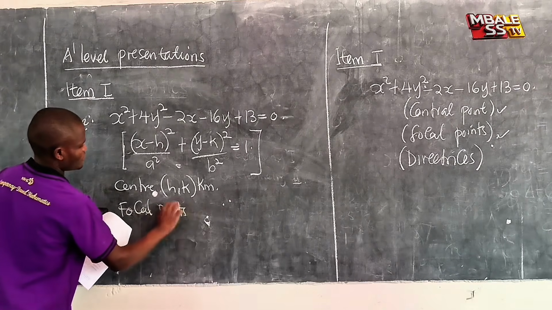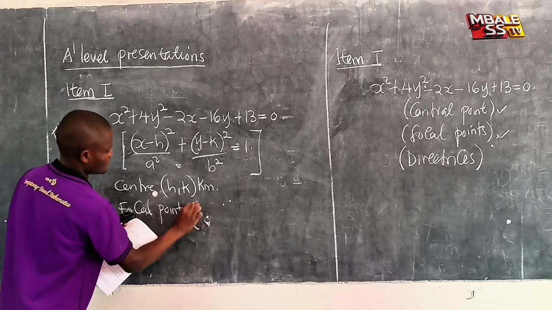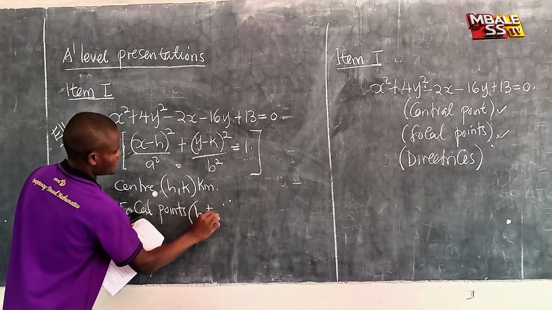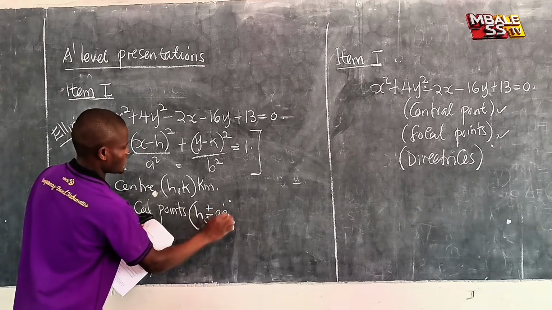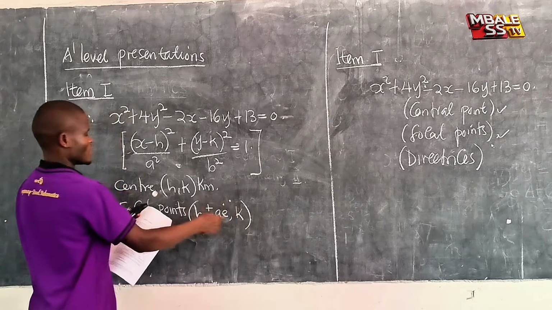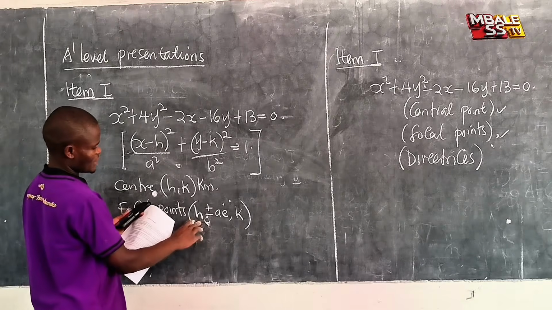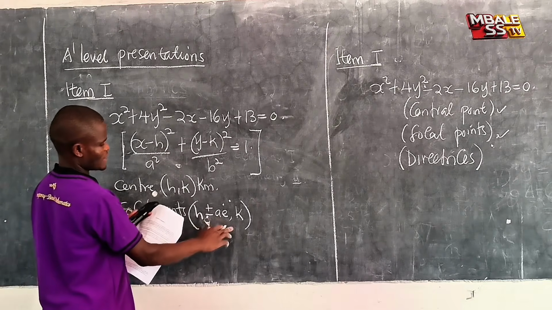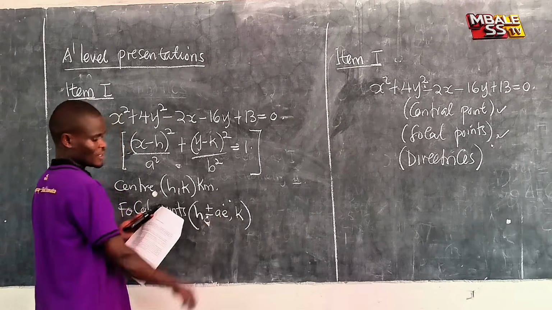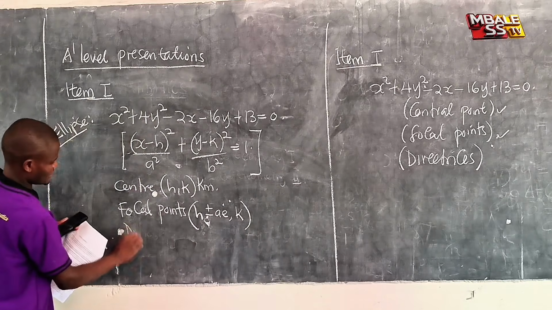Because the center is not the origin, the focal points will be at h plus or minus a times e units, and then along k, if the ellipse is a horizontal one. If it is a vertical one, then it will be (h, k plus or minus b e). e is called the eccentricity, and then we have the directrices.